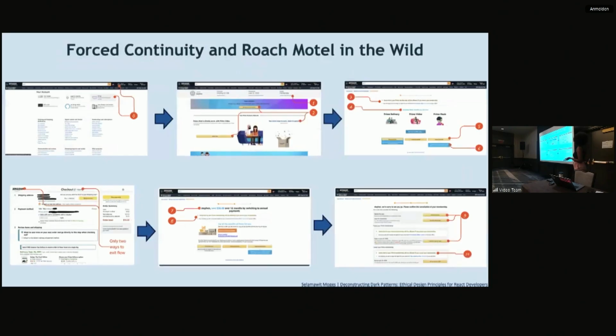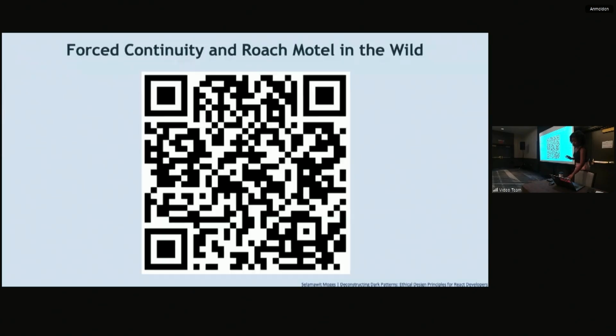He highlights various things in this article, but I just wanted to highlight here how many steps it takes to cancel versus how many steps it takes to subscribe. And if you'd actually like to read the article, you can scan the QR code.